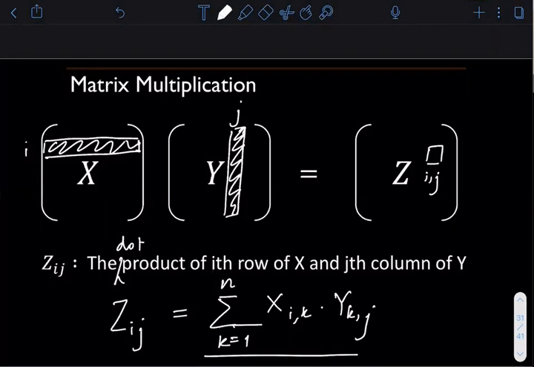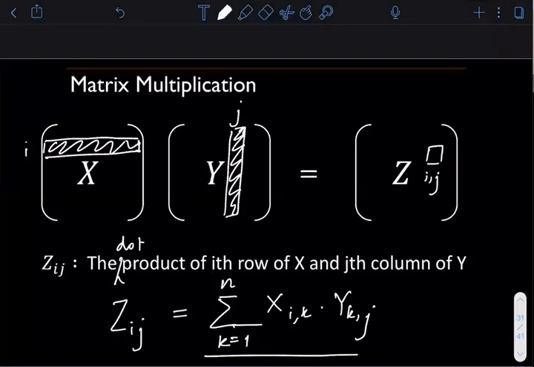I will go over all the possible i comma j entries. Remember, I have to fill up each entry of the Z matrix, so there are n square many such entries. For each entry, I essentially need a linear time algorithm, because i and j are fixed.